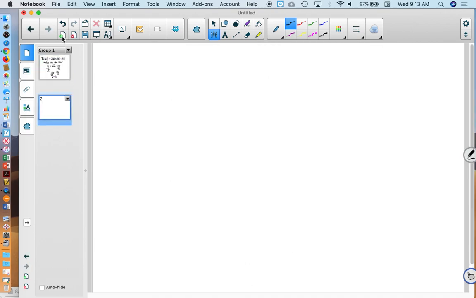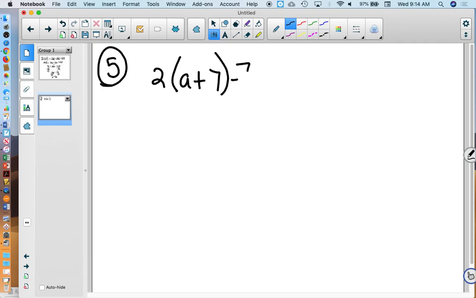And you know what? I know he's not the only one, because number 5 and 6 threw the distributive property in on you. Okay? Number 5. 2 times (A plus 7) minus 7 equals 9. Typically we start moving things around, but before you try to solve, you have to simplify both sides of the equation first.